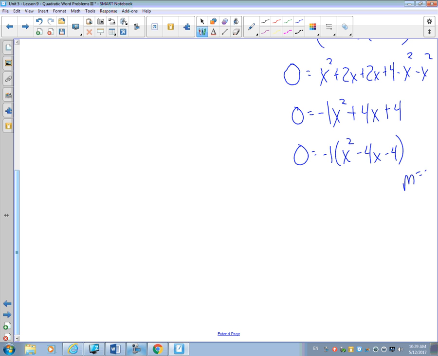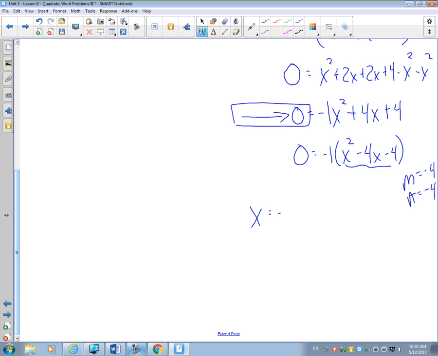Can we think of anything that multiplies to negative 4 and also adds to negative 4? I can't off the top of my head. I don't think that's possible. So I've got to go to the formula. The opposite of b. Now I have a choice. I could use this line, or I can use the parts inside here. It doesn't make a difference which one you use. I'll use the original one up here.